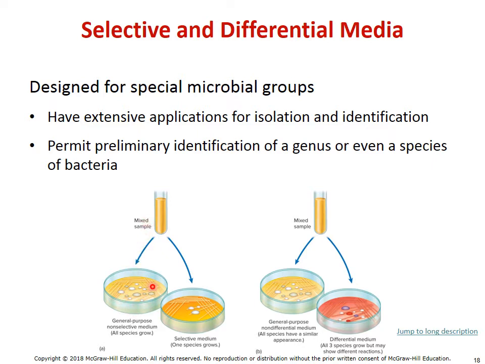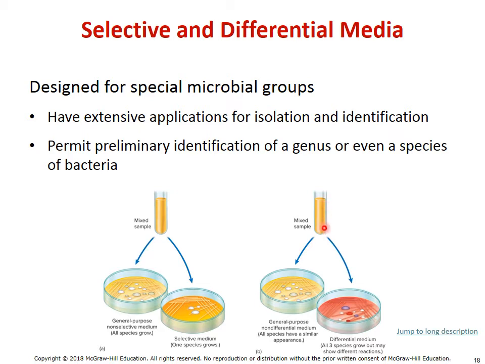If we inoculate it on a general purpose, it's pretty easy to assume that a general purpose would grow almost everything. But whenever we plate that same mixture on a selective media, notice the amount of growth is much less, and now it's only a small subset of what grew before. Again, we selected for what has grown.